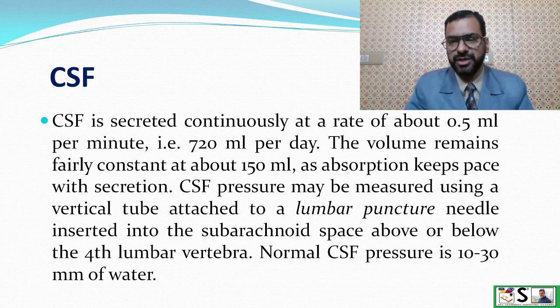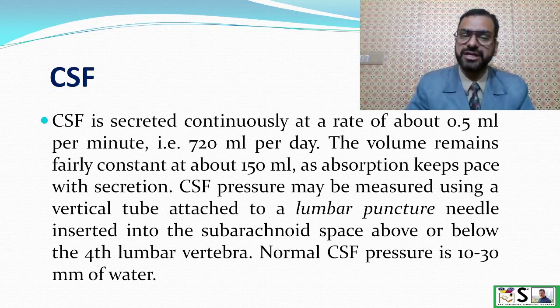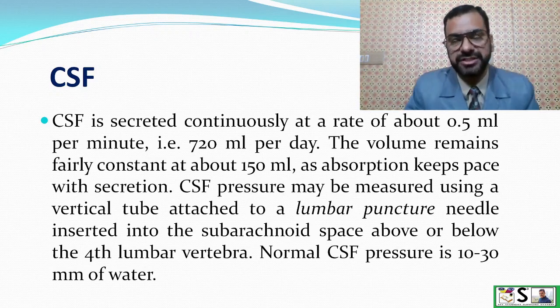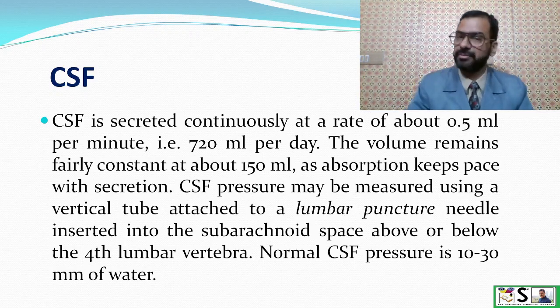CSF pressure may be measured using a vertical tube attached to a lumbar puncture needle inserted into the subarachnoid space above the fourth lumbar vertebra and below the third lumbar vertebra. Normal CSF pressure is 10 to 30 mm of water.